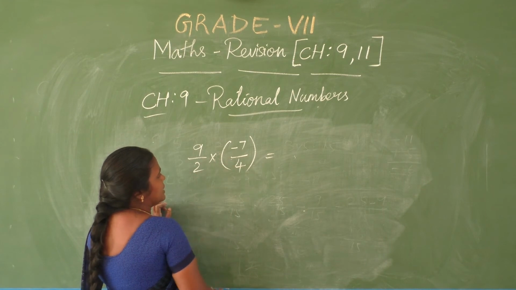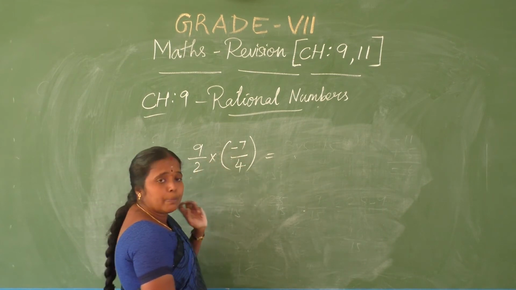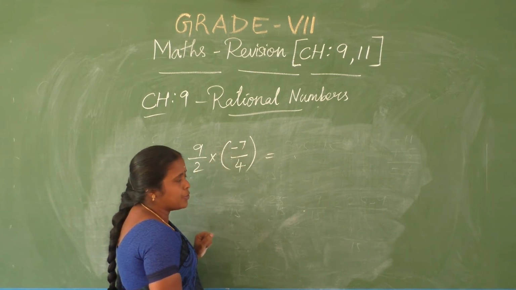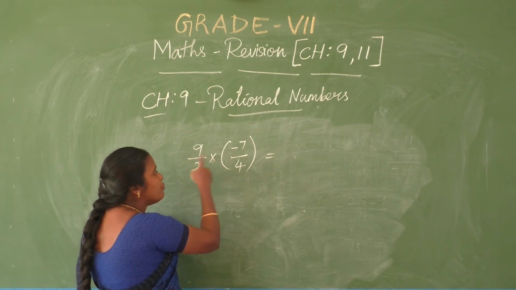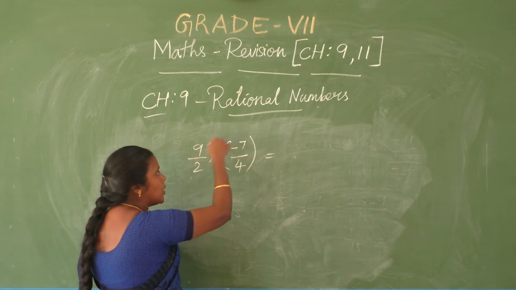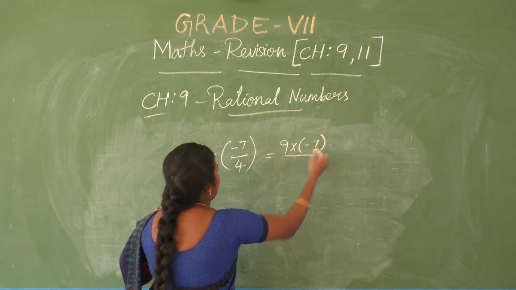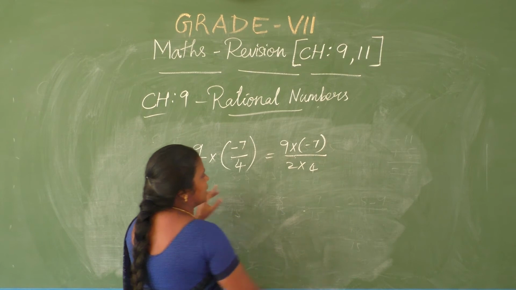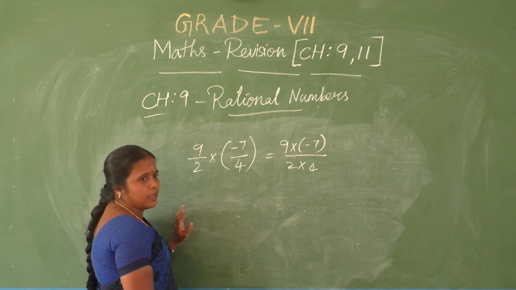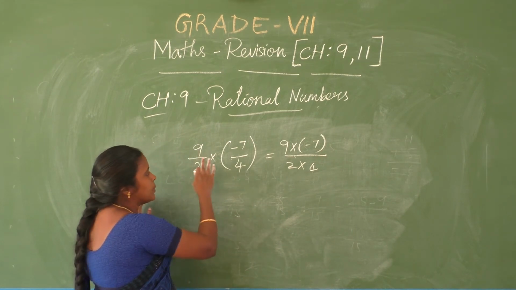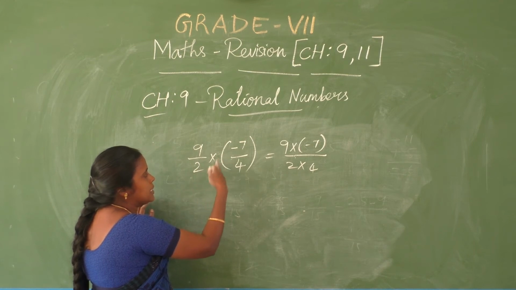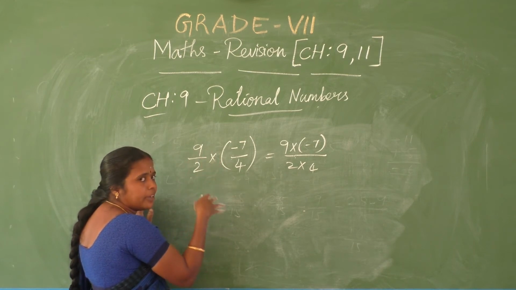Product of two rationals equals product of the numerators by product of the denominators. This is the procedure. If there is any possibility to divide, you can simplify.